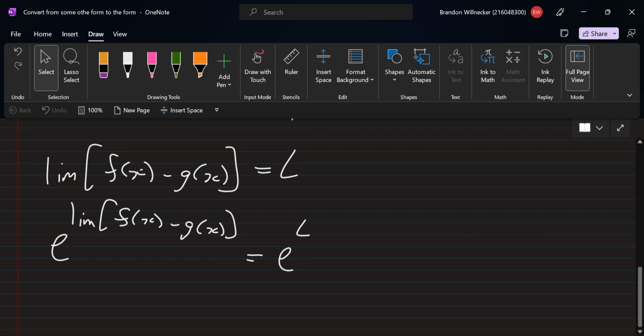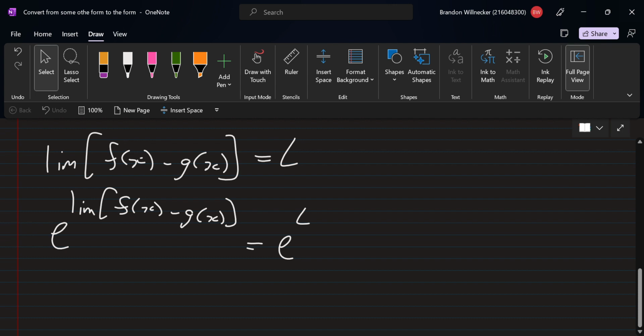Now, we know that the exponential function is continuous. You would have done that last semester. So if something is continuous, and we have a limit involved, we can take the limit outside the function.